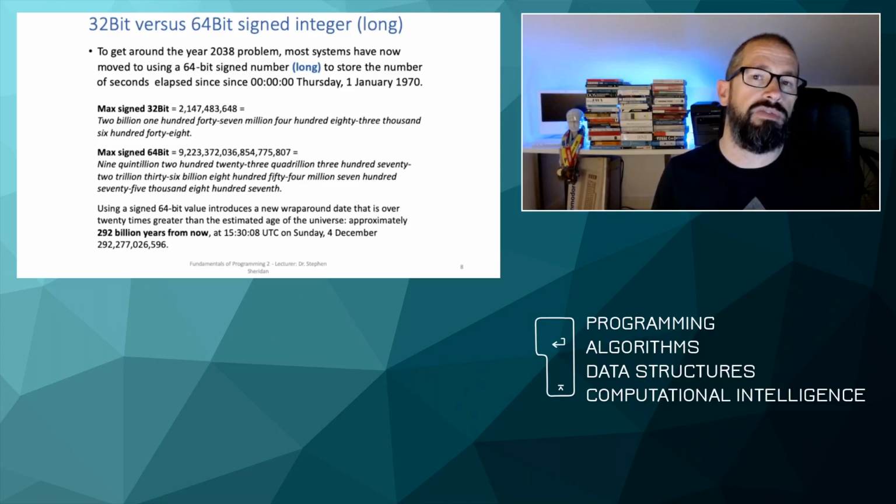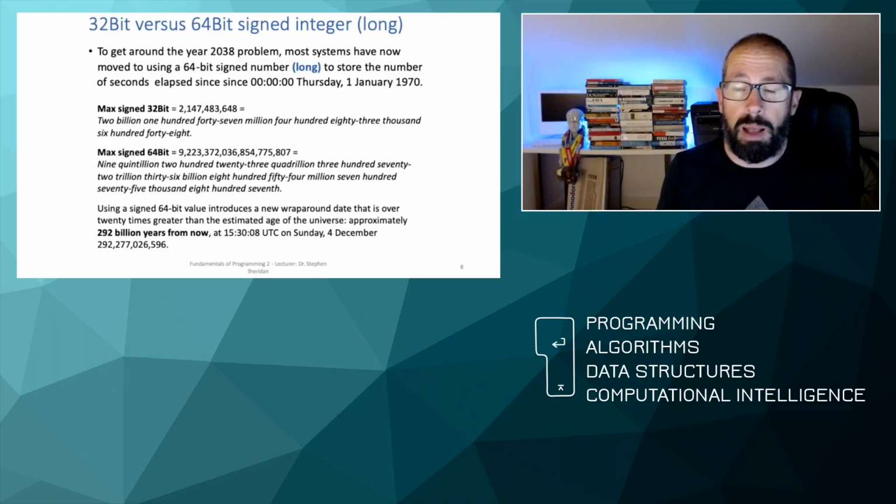So even in a 64-bit number, only 63 of the bits can actually be used to store the number part. But what that does is it vastly increases the size of the number that we can store in that space.